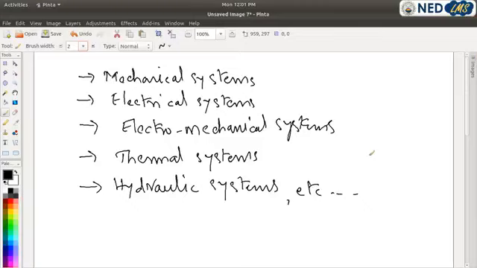We will restrict our discussion to these three systems: mechanical, electrical, and electromechanical systems.